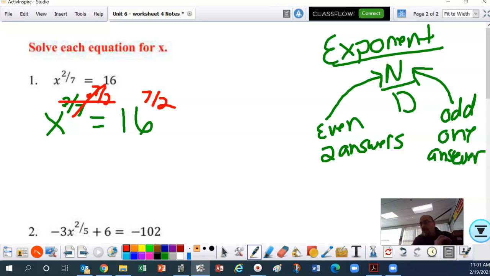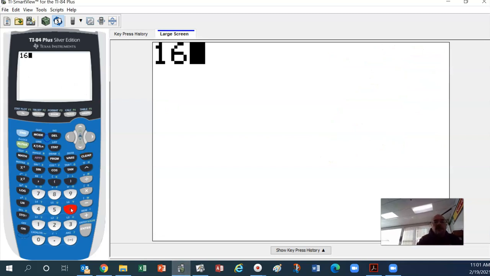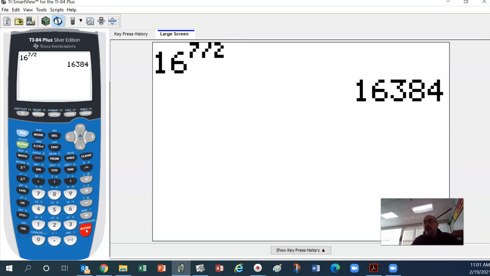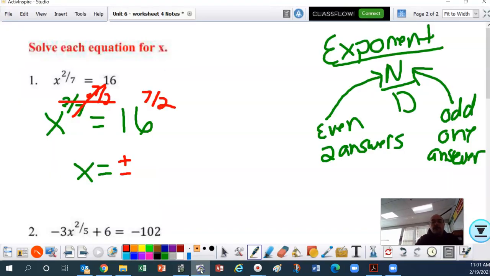I shouldn't use cancel. 2 over 7 times 7 over 2 becomes a 1. So now this is just x equal. But now, because that numerator is even, I need to put a positive and negative in front. And I'm going to use my calculator, and I'm going to go 16 to the 7 over 2 power. And I'm going to get 16,384.